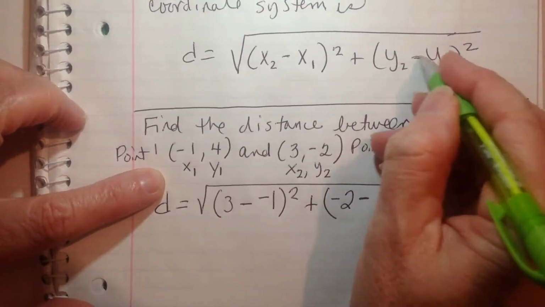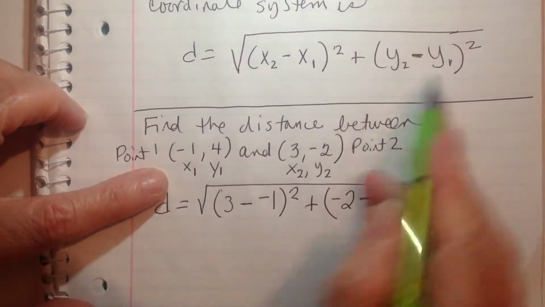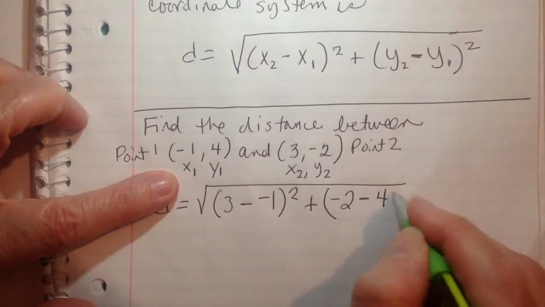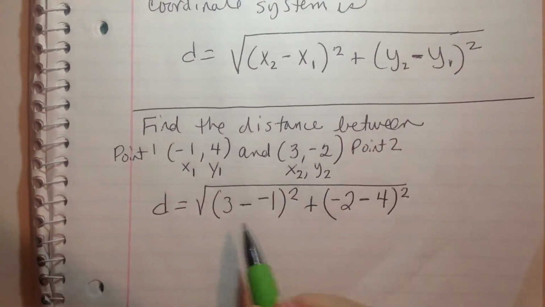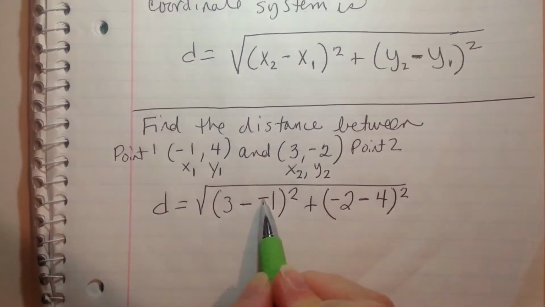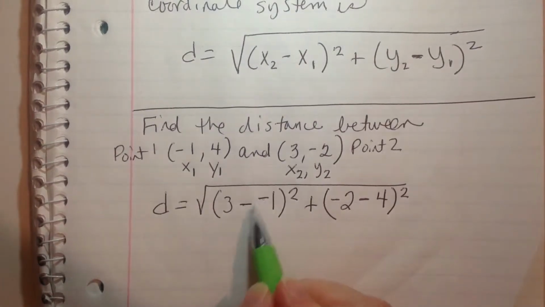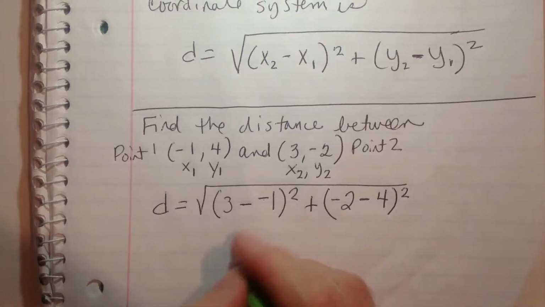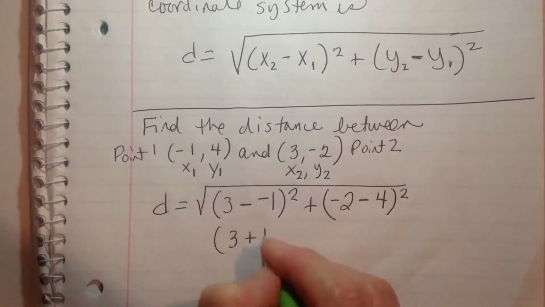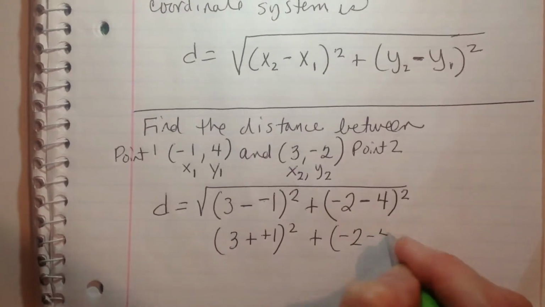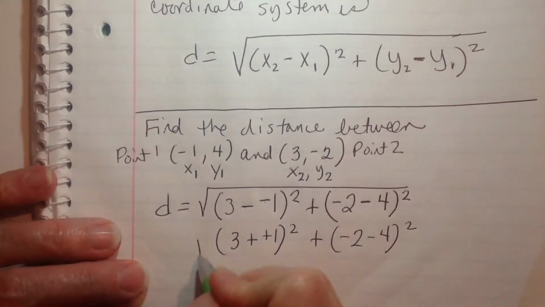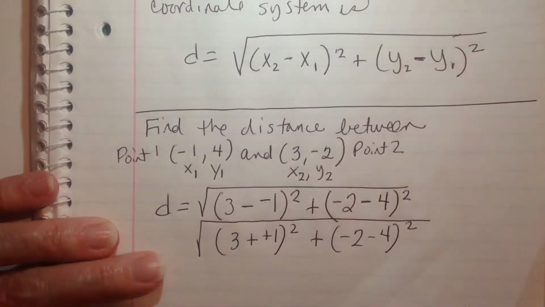Minus comes from the formula. Minus y sub 1 is 4, close parentheses, squared. Now, subtracting a negative, think about it. Subtraction means add the opposite. This becomes 3 plus 1 squared, plus -2 minus 4 squared, all still under the square root symbol.